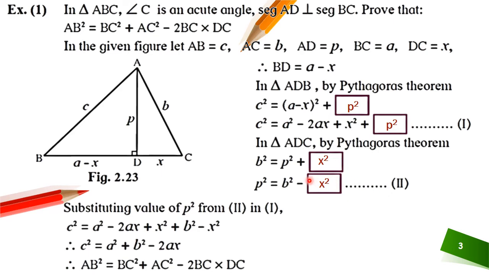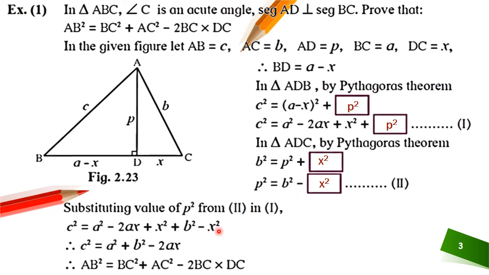Now if you substitute this value of p square from 2 in 1, you get the required equation. So substituting the value of p square, you get c square is equal to a square minus 2ax plus x square. In place of p square you write b square minus x square.